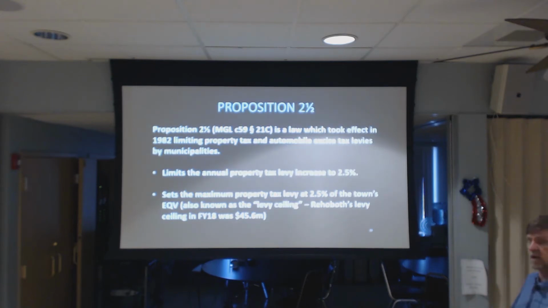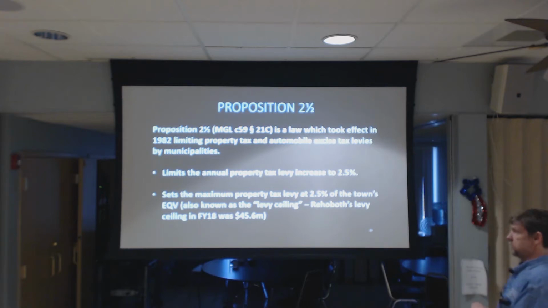So that's how your tax bill is computed. Now, one of the things you're going to hear about in terms of the override is that we're overriding Proposition 2.5. What is Proposition 2.5? Well, Proposition 2.5 is a law implemented in 1982, and it limits the annual property tax levy increase to 2.5%.